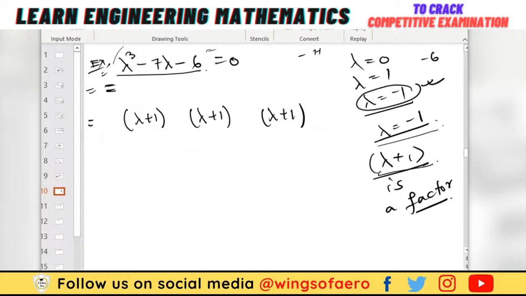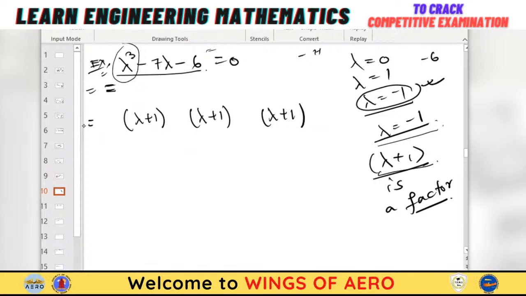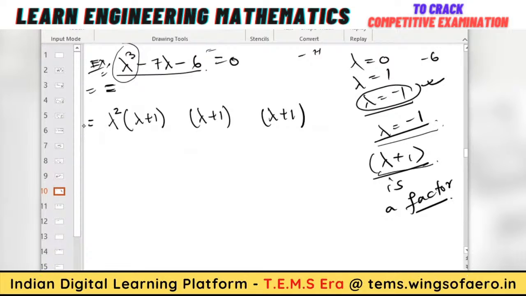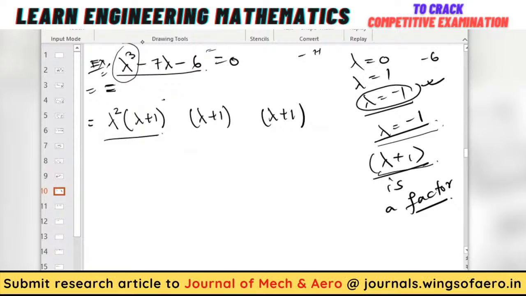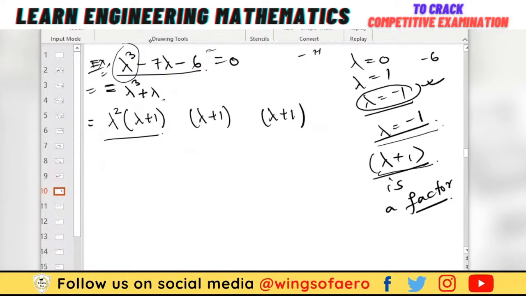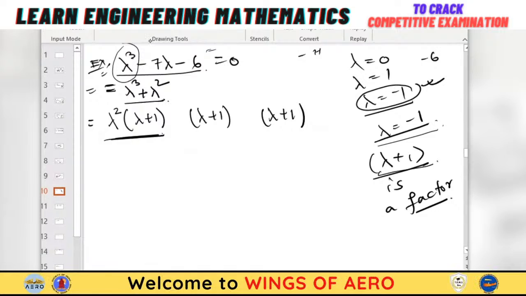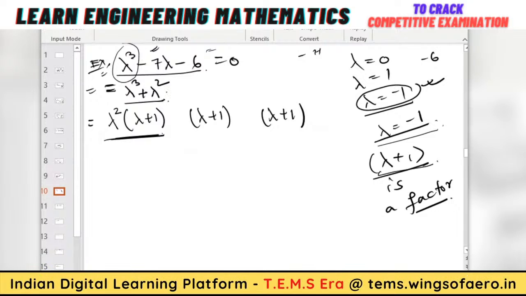It is lambda cube, so to balance this lambda cube, we need to multiply here with lambda square. Whatever you multiply, write down here. So it becomes lambda cube plus lambda square. But in the original equation, there is no lambda square, so I have to put a minus lambda square to balance the equation.